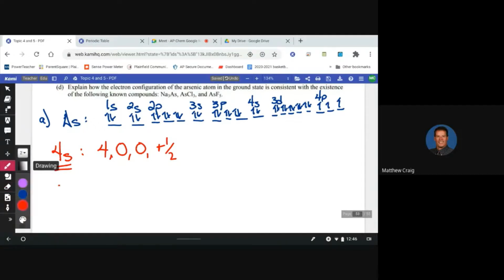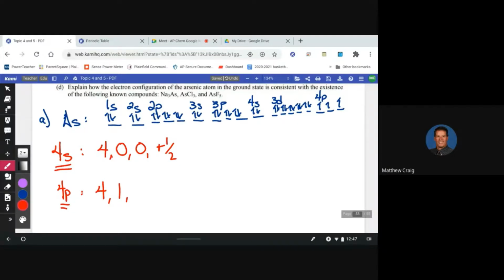All right. 4p. What should the first number be? 4. Very good. Second number. 1, because that represents p orbitals. 2 represents d orbitals. And then what is a permissible number for the third number?